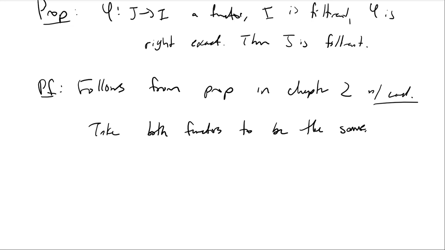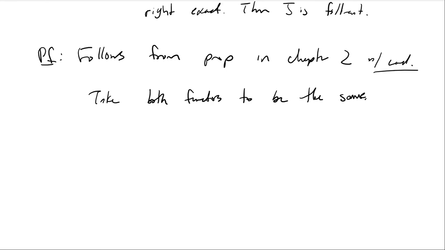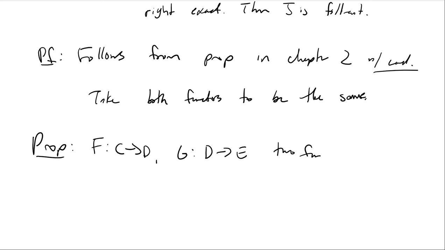All right, and our last guy should also be very simple. And here we have F from C to D, G from D to E, two functors, both right exact.